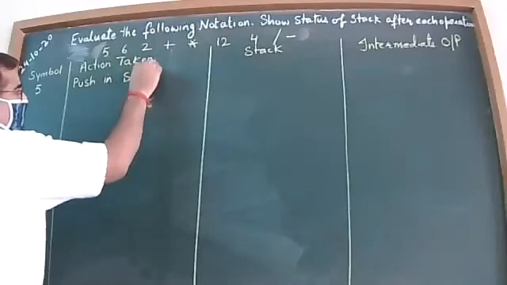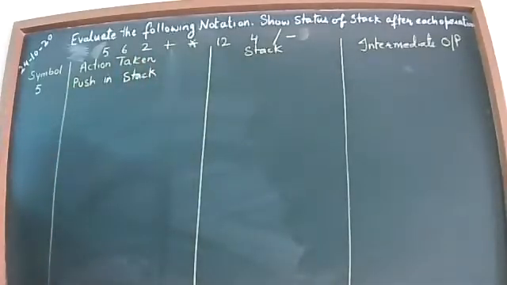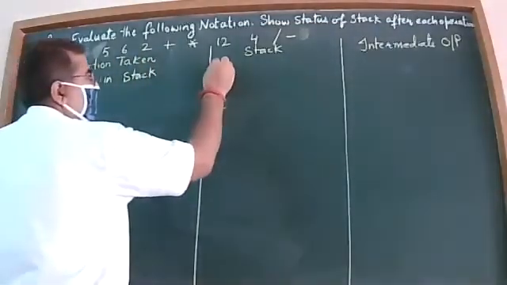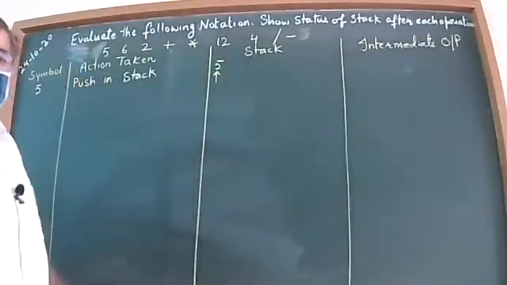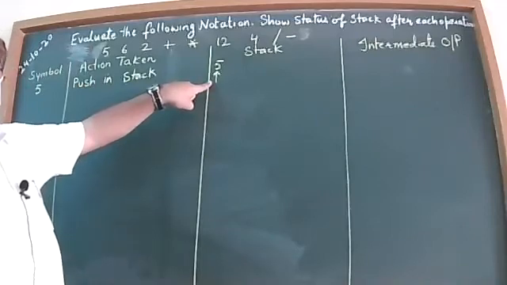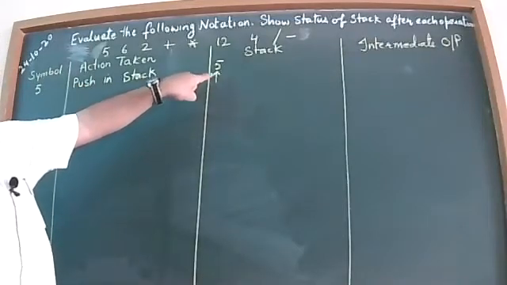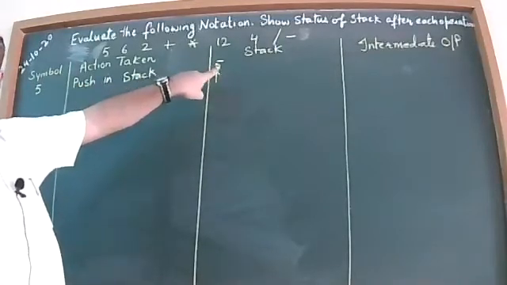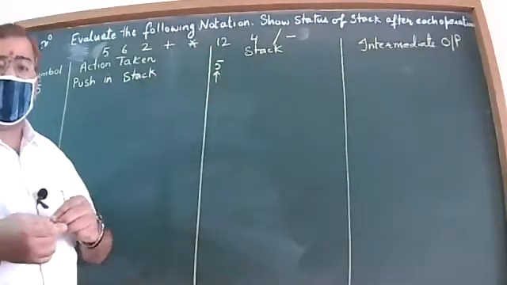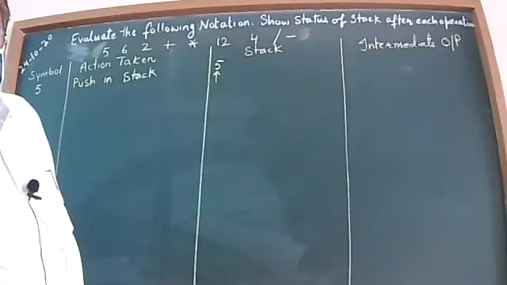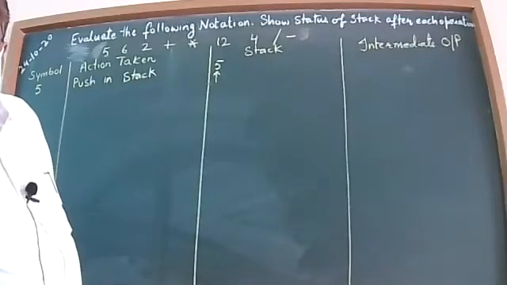Push in stack. Write the number over here and put an arrow here. This arrow is very important. This arrow indicates that this is the element which is lying at the top of the stack.